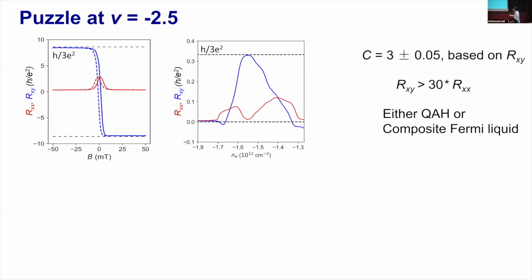And if you check the hysteresis, Rxy seems to be quantized at h over 3e squared, corresponding to a Chern number equals 3 with very small error bar. And Rxx is much smaller than Rxy. So if you only look at this, you may say, oh, this is an integer quantum anomalous Hall state happening at maybe half filling of the third band, or the third flavor of the first moiré band.